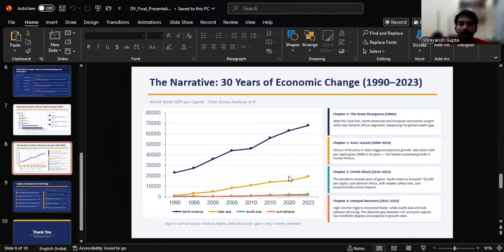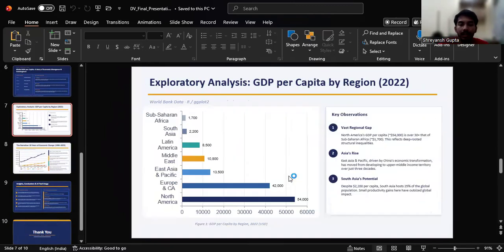I have performed EDA over that, and this figure shows GDP per capita by region for the year 2022. The first major observation is the huge regional inequality. North America has a GDP per capita of around $54,000, while Sub-Saharan Africa is around $1,700.